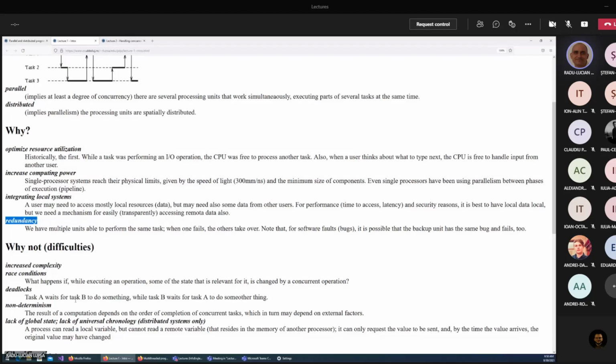But on the other end, programming bugs are not independent. If you have two servers that run the same software and the software has a bug, then both systems have the same bug, and in front of the same conditions, they will likely fail at the same time and in the same way.